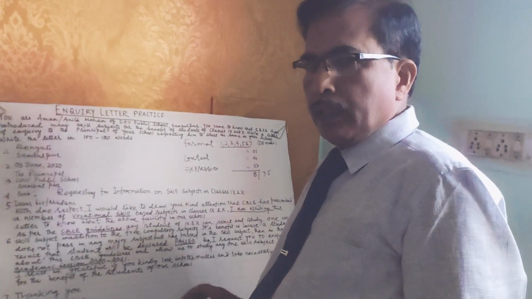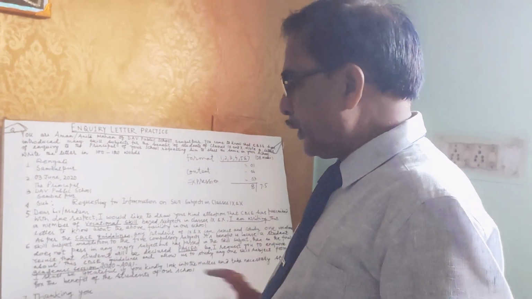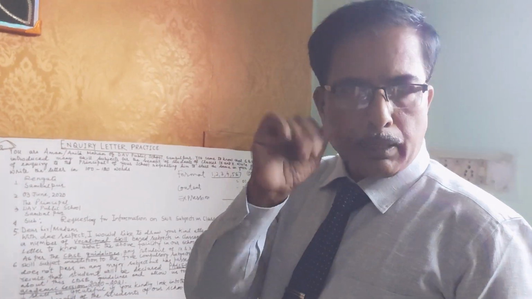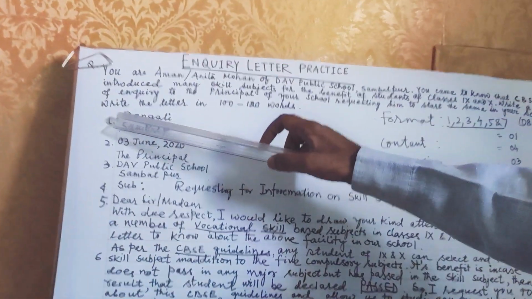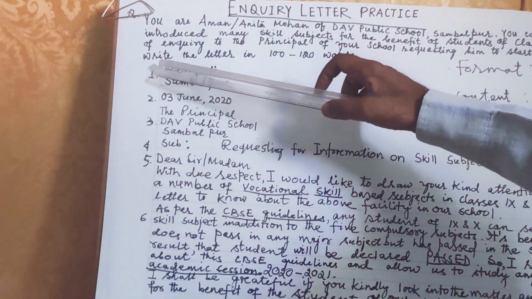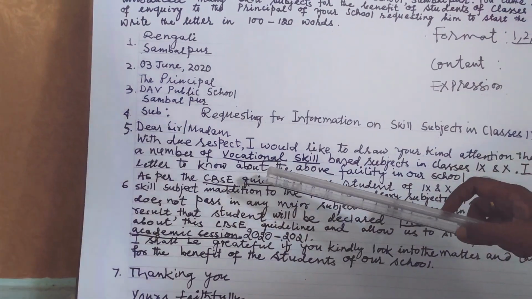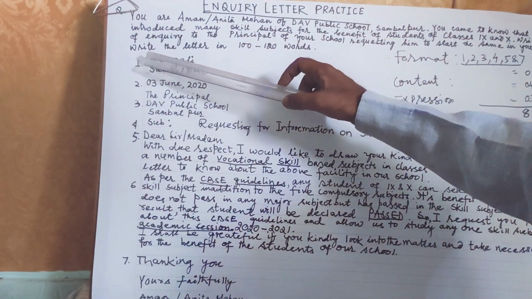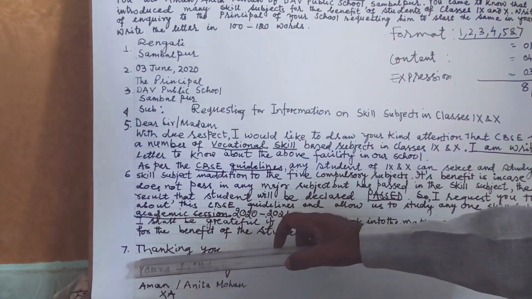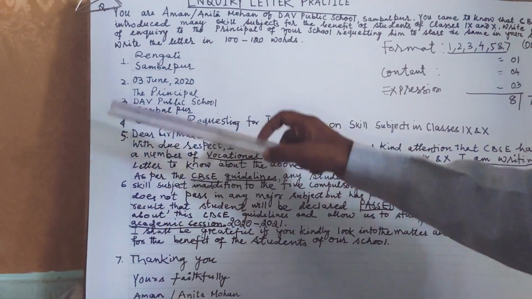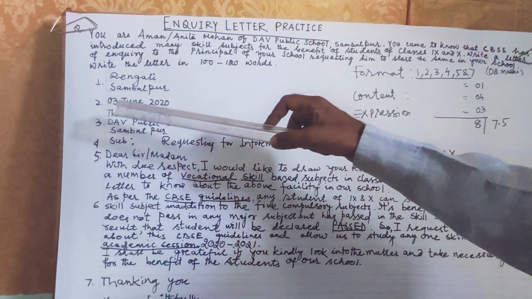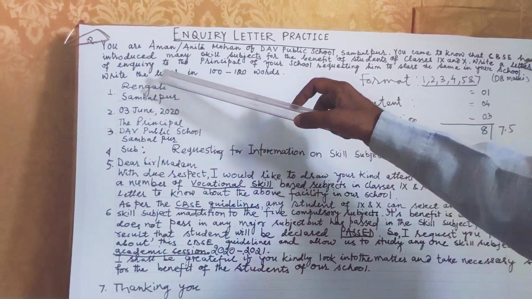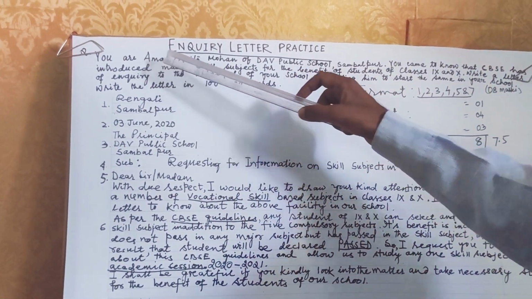Now students, in the layout you saw, we have a total of 7 points. Here also you can see, I have attempted this practice work for you. I have also presented the answer in 7 points. Now, if you remember point number 1, sender's address. Here, who is the sender? Aman Anita.